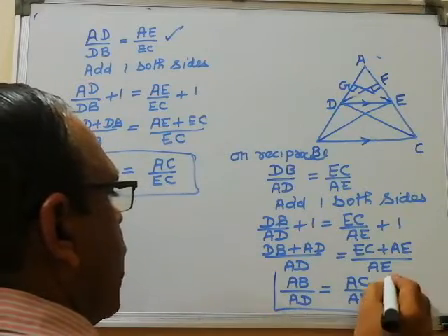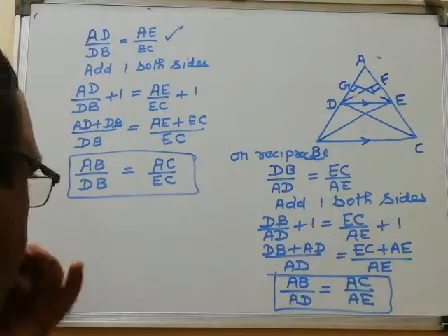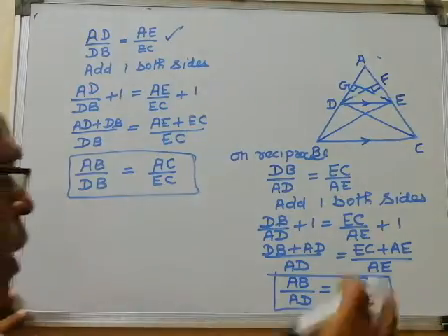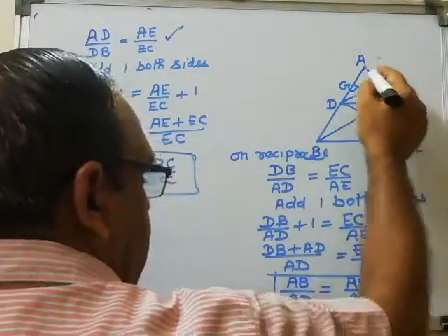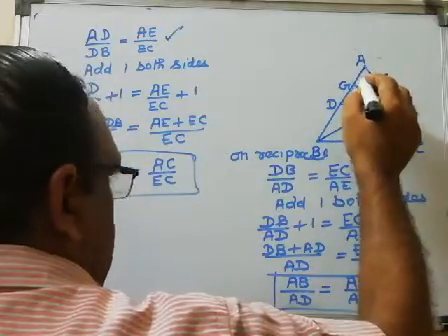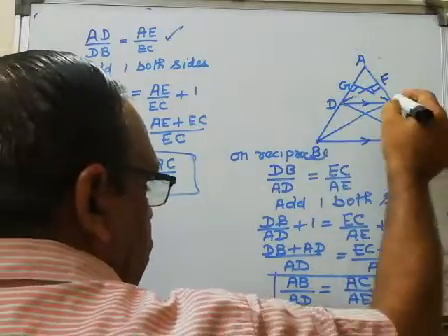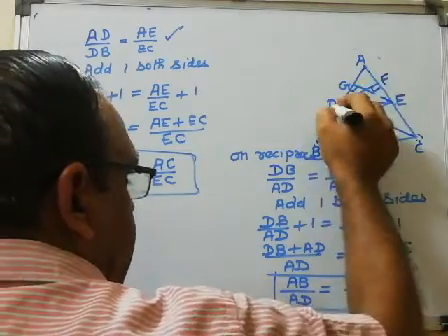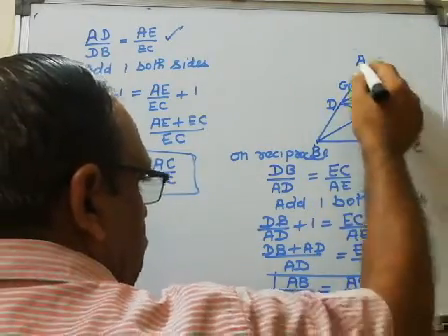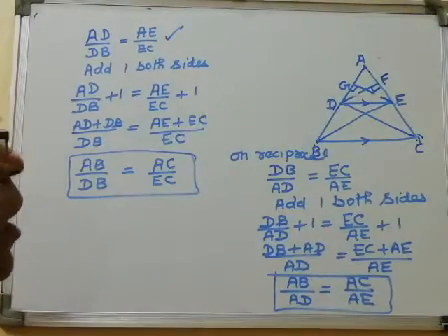So these results that we are getting from the basic proportionality theorem: AD over DB equal to AE over EC, AB over DB equal to AC over EC, and AB upon AD equal to AC upon AE. Okay, thank you.